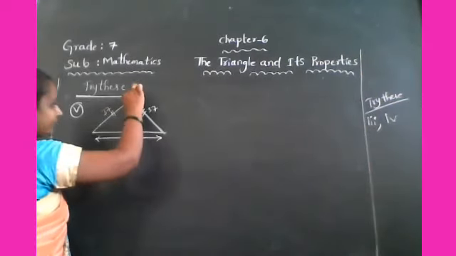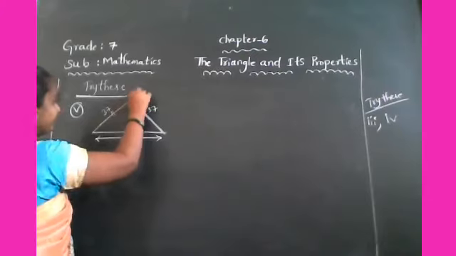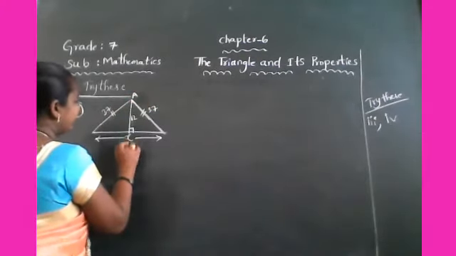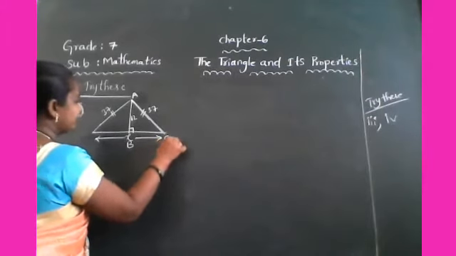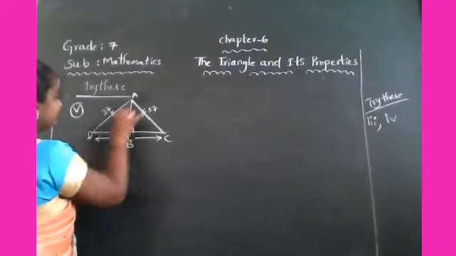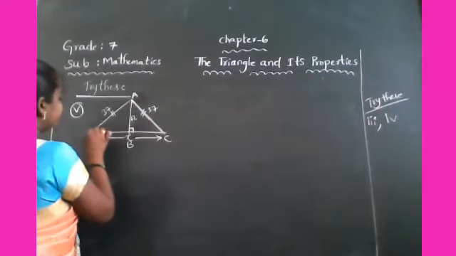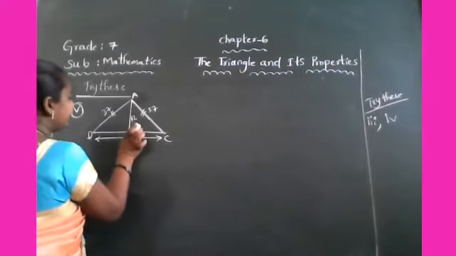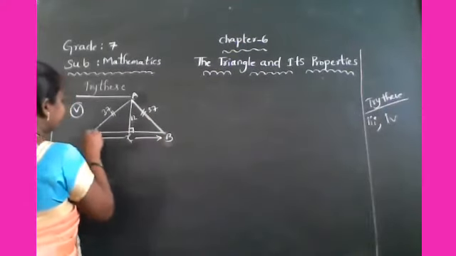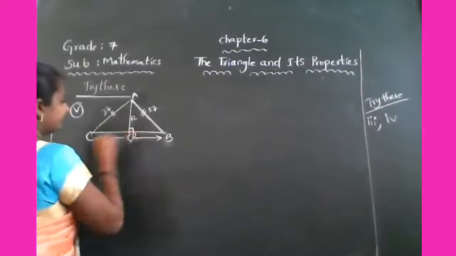So here observe, give the name of this triangle. So here A, give it B and it is C. And here D, A, B. So otherwise you can give the name of this A, B, C. And here AD. Okay, right.